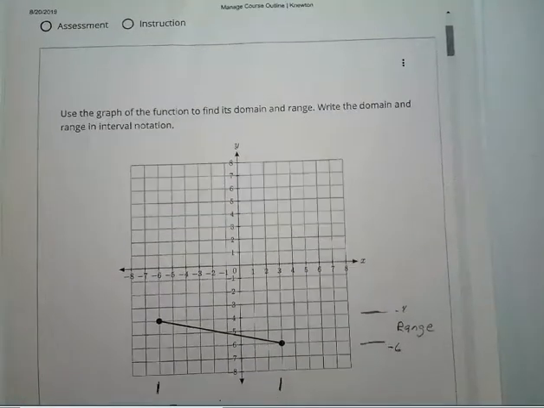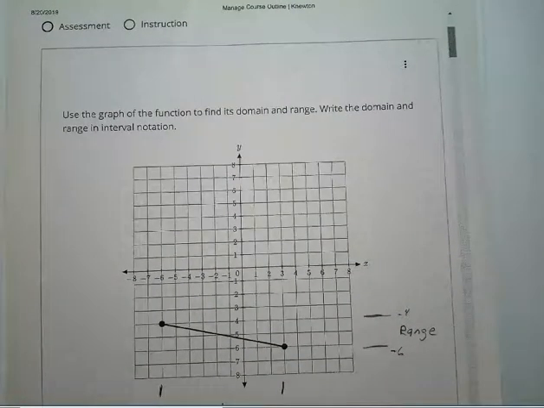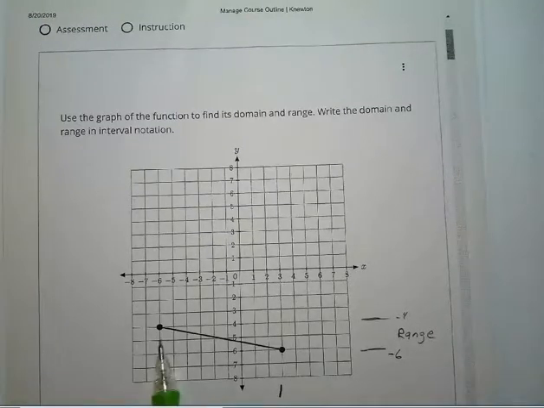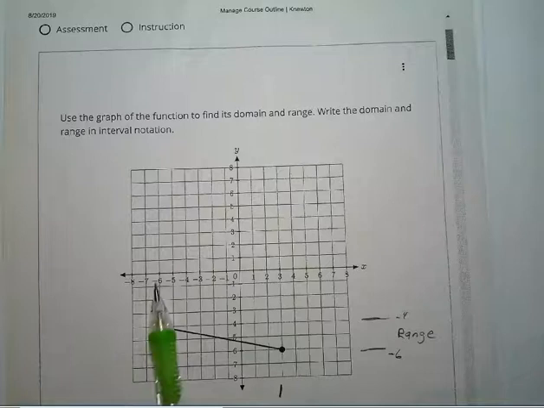Okay, so we can see here that your domain, I put those little marks there to show you, the domain of this graph starts at this point, which is x equals -6, and it ends at this point, which is x equals +3. You can see that you have closed circles on both ends.